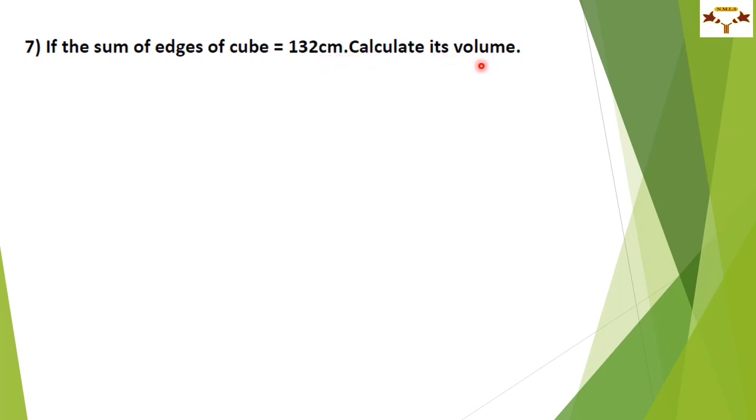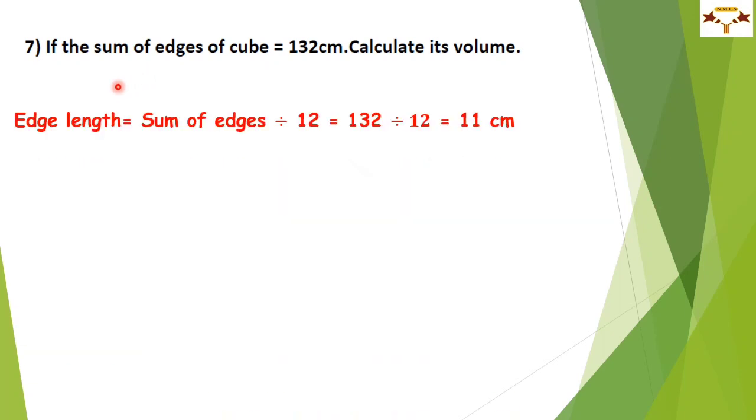Number 7, if the sum of edges of a cube is 132 centimeters, calculate its volume. I know that the rule of finding the volume of a cube is edge length times edge length times edge length. But here I don't have the edge length. I have the sum of edges. So how many edges do you have? I know that I have 12 edges.